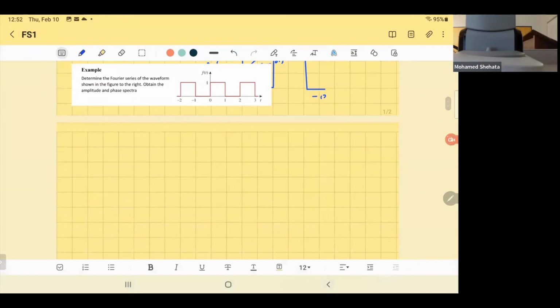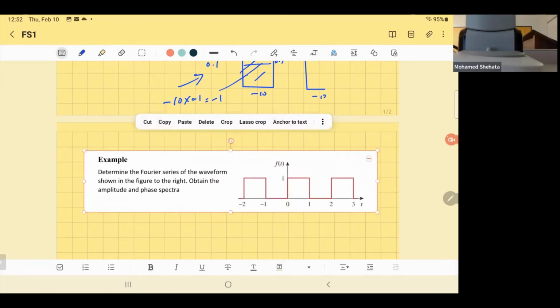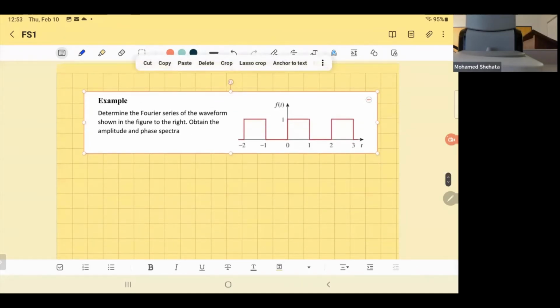We'll work together with this example one by one, and you pay attention. It's a simple one. We have more complicated ones, but we'll start with a simple one. That's the signal f of t. First thing you're supposed to do, check its period. What's the period of this signal?